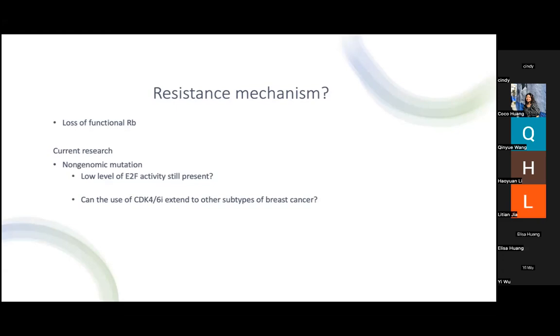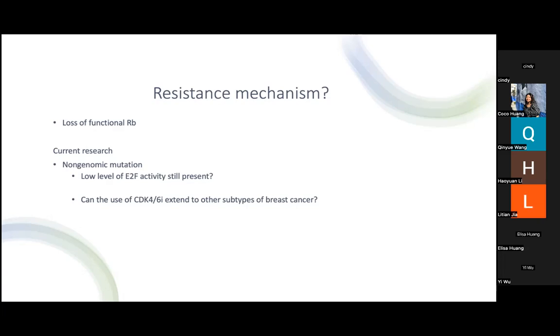Basically, mutations have happened in the RB protein, so that no matter how much CDK4/6 inhibitor you put in a patient's body, the cell cycle continues because there's no RB protein, and therefore the inhibitor can't work through the inhibiting mechanism.